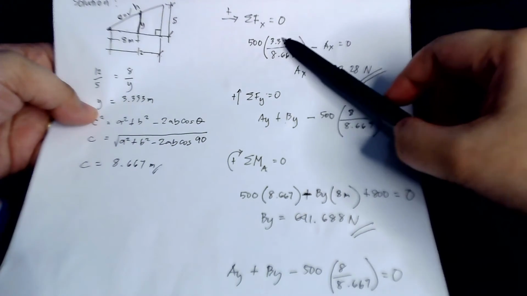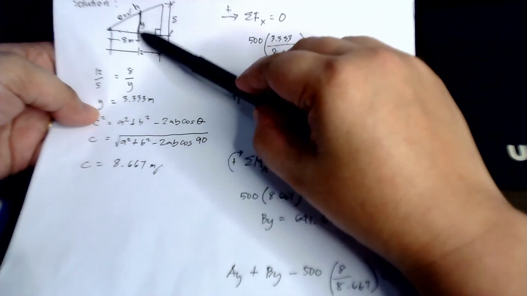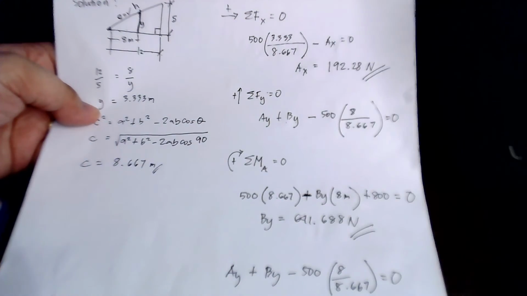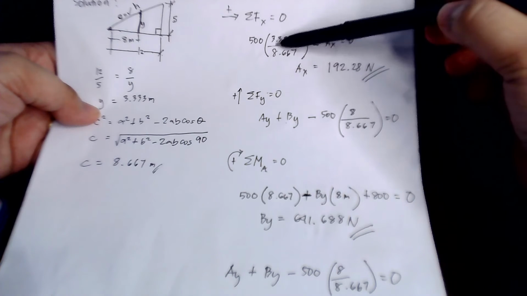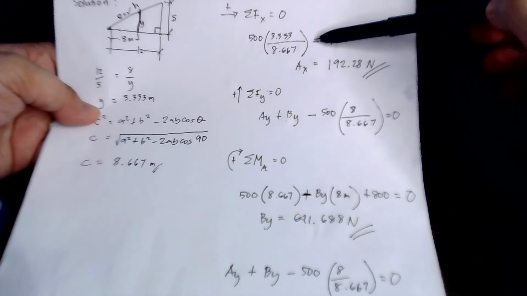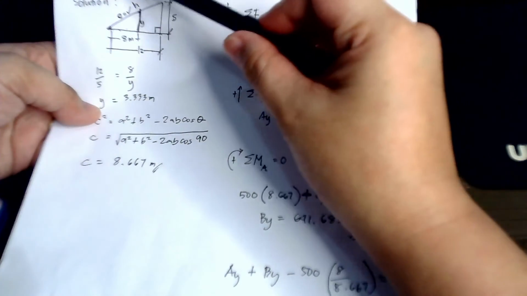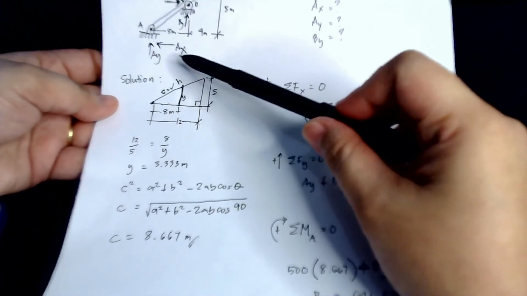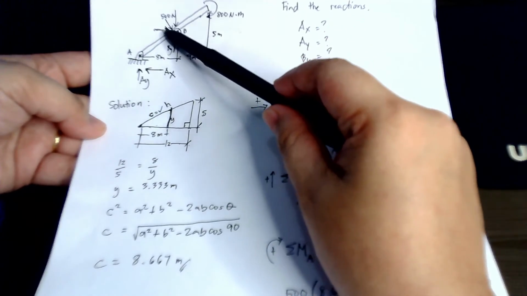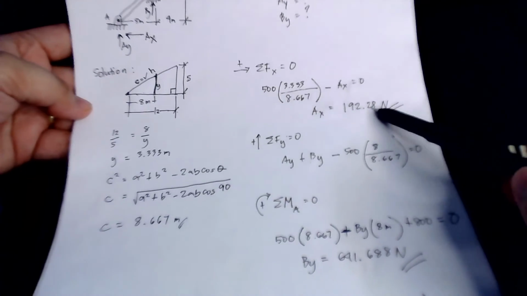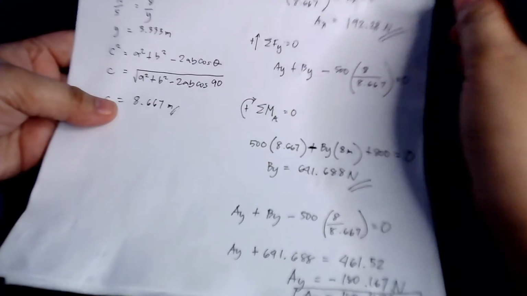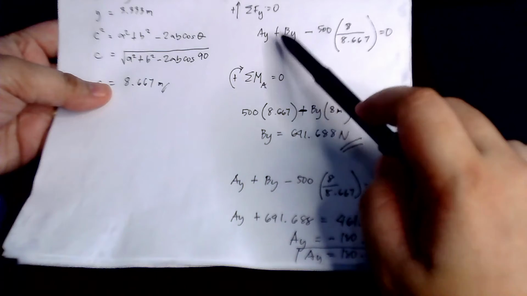You just use opposite over hypotenuse, sine theta, minus AX, because your AX is going to the left and your component here is going to the right. So you get 192.25 Newton.